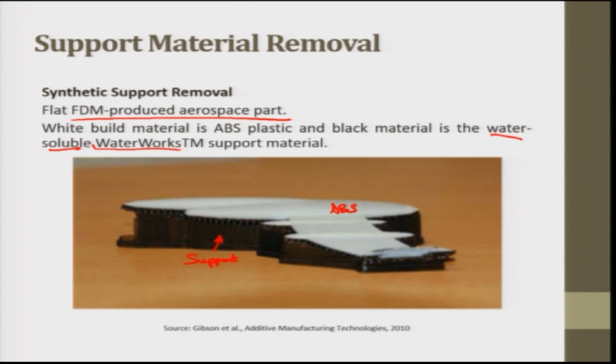This is a figure from Waterworks. This can be removed, but you can see the ABS component manufactured for aerospace applications is too thin and the support material is too bulky here. So, this can also be the case sometimes.